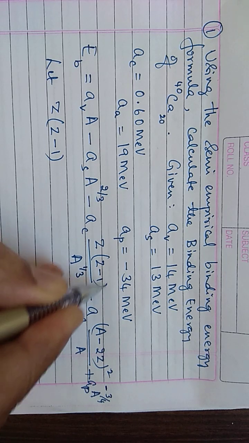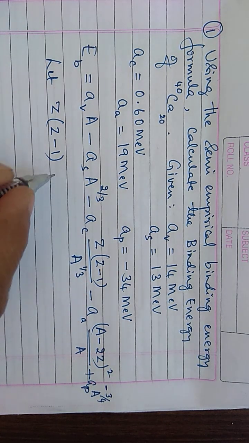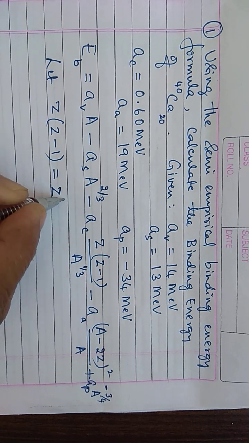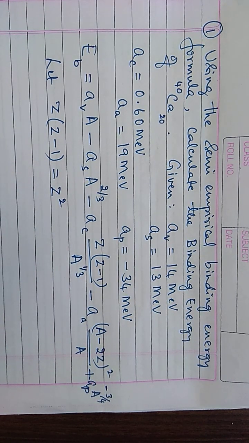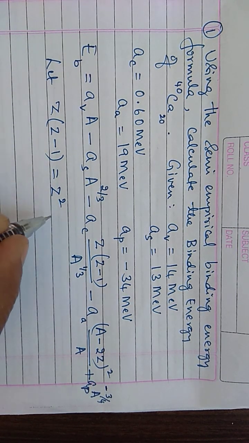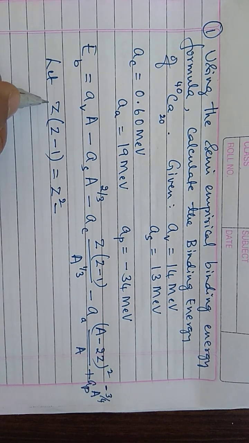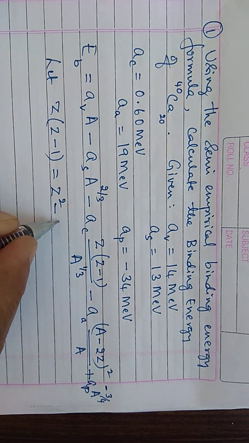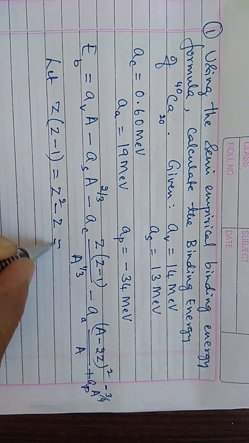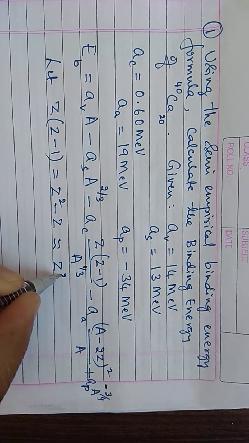Now let us first consider the concept Z into Z minus 1. This factor is approximately equal to Z square minus Z. Compared to Z square, Z is very small, therefore it is possible to neglect. So Z into Z minus 1, that is Z square minus Z, is approximately equal to Z square only.